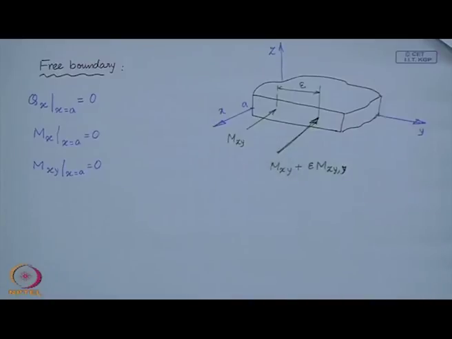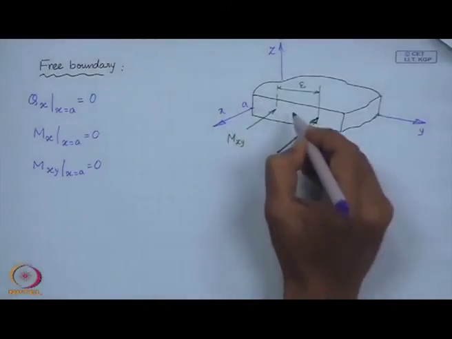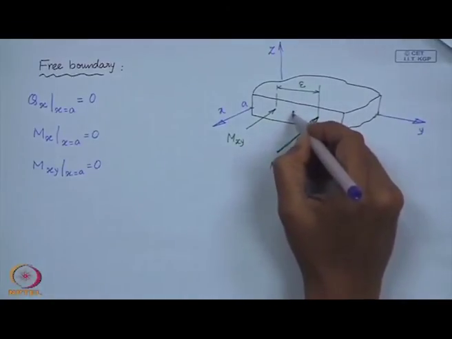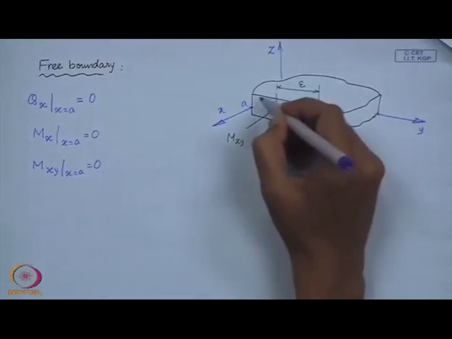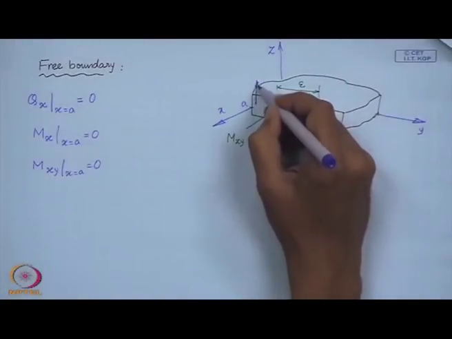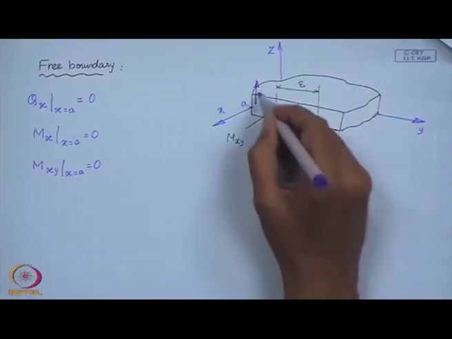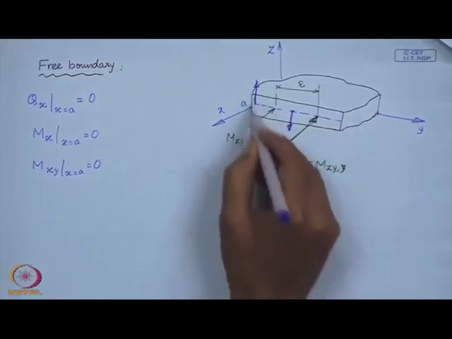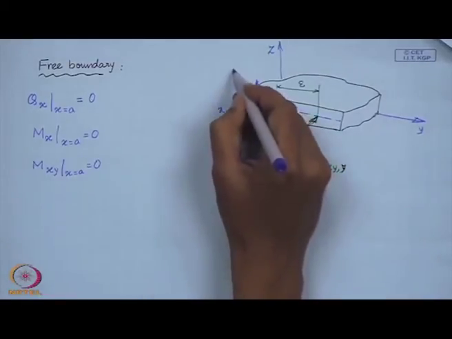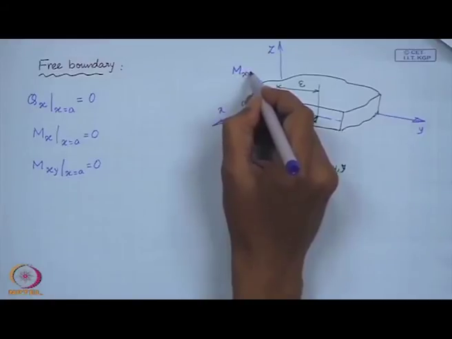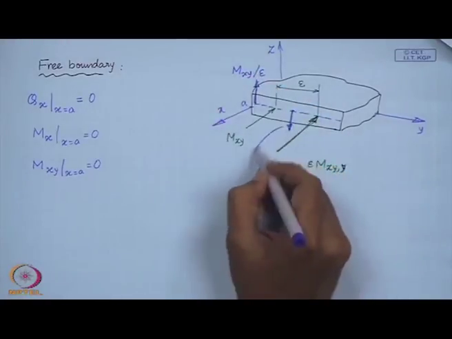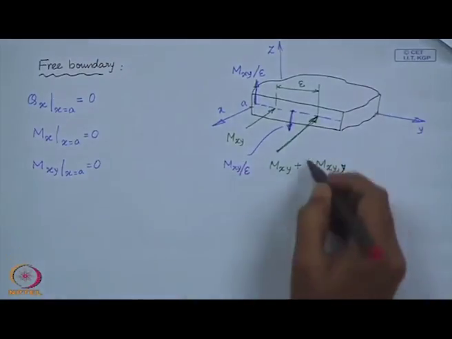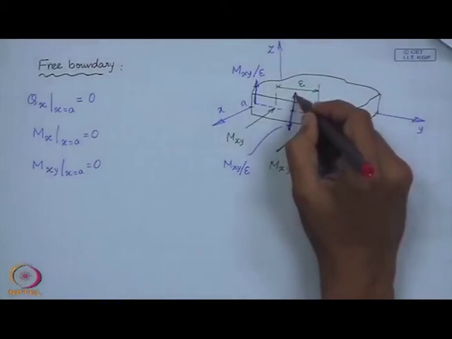Now, this can be equivalently represented as a couple, and similarly this can be replaced by another couple.